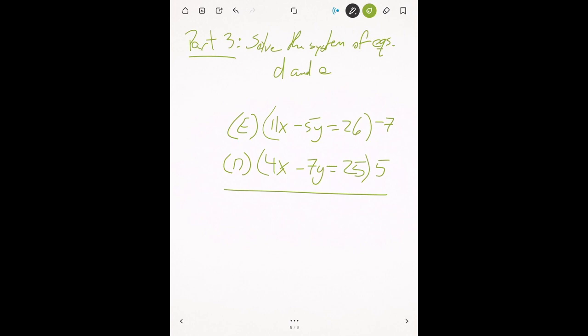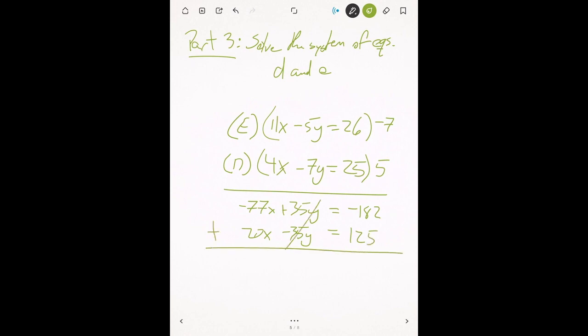So we have negative 77x plus 35y equals, 26 times negative 7 is negative 182. And then if I distribute the 5, I get 20x minus 35y equals 125. Yes.